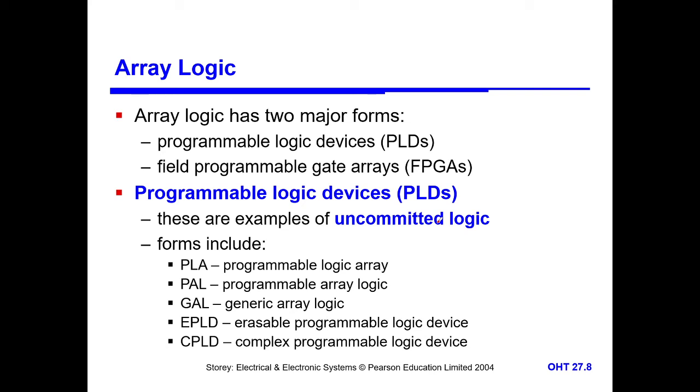Next one is PAL, programmable array logic. Next one is PLA, programmable logic array. These three things will come under the SPLD, simple programmable logic devices. The next two will come under the complex programmable logic device, such as CPLD and FPGA. So this is about all the things.